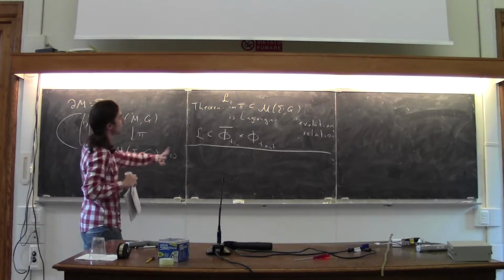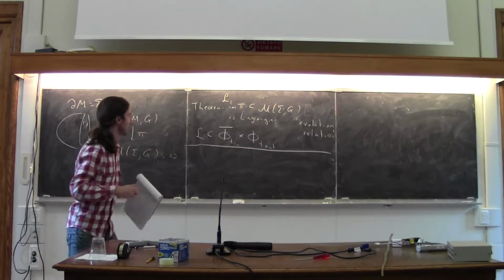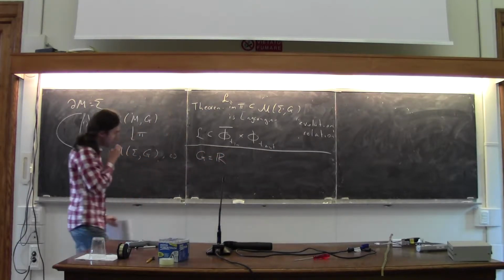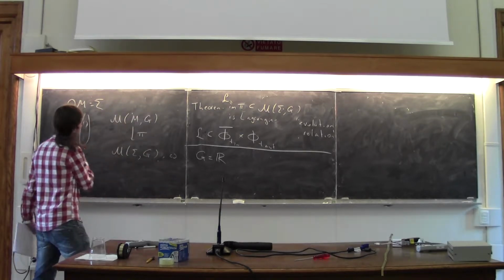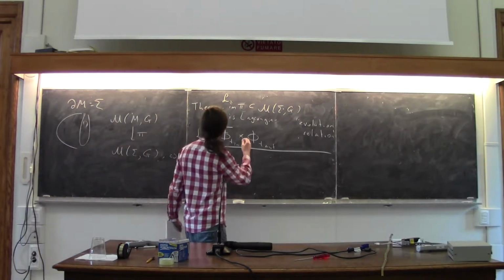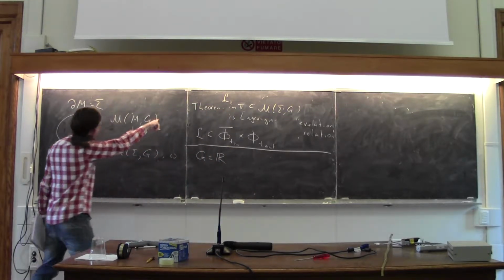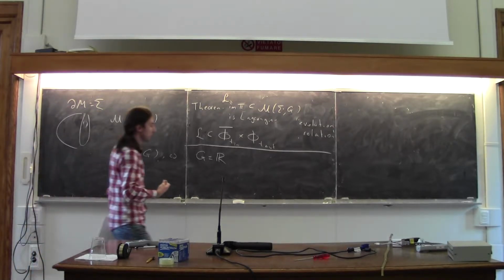I will totally forget that I asked G to be compact. Let's look at G equal to R. Upstairs I have de Rham cohomology for a three-manifold, downstairs I have de Rham cohomology for its boundary.